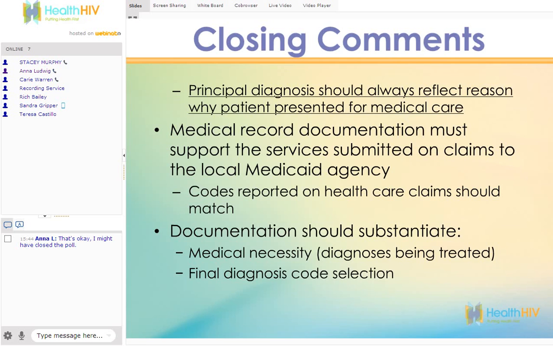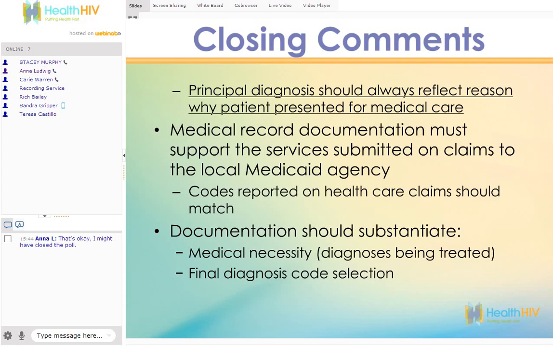The exception to the rule is if any of those chronic conditions exacerbate and the time spent by the provider is spent trying to manage that particular condition, that would change the sequencing of your codes. So if the patient comes in for an acute problem, the chronic conditions are stable, but the patient just needs some meds, you're going to document the patient has AIDS, they're stable on their meds, but they need a prescription refill. That acute problem is the principal diagnosis.